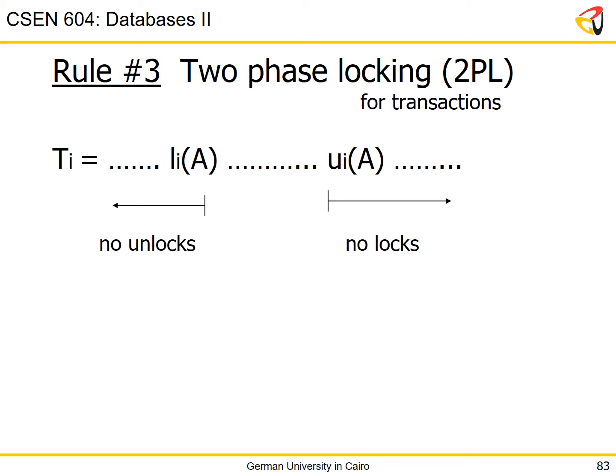So it goes like lock, lock, lock, lock, lock, lock, lock, and you don't have any more locks to request. You got a stream of lock requests, and finally you start seeing, after you're done with the locks, unlocking. So you go unlock, unlock, unlock, unlock, unlock.